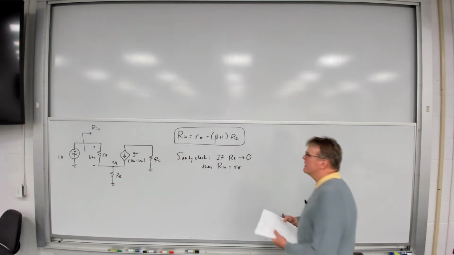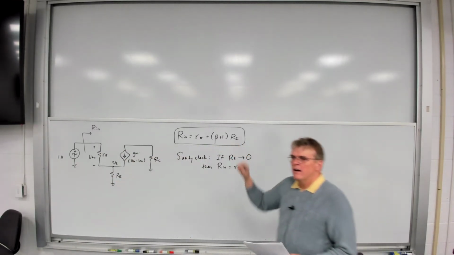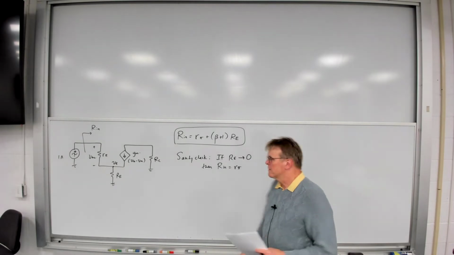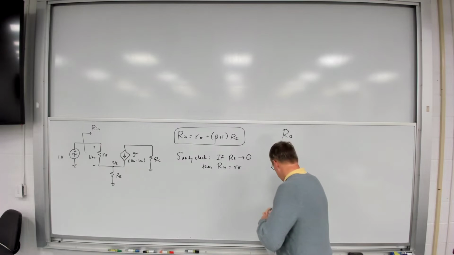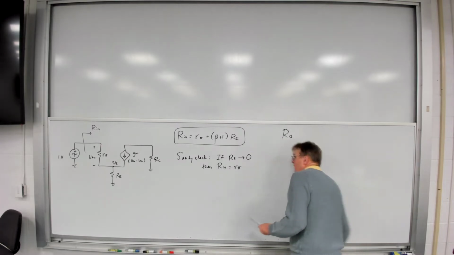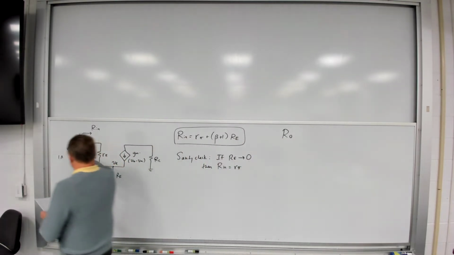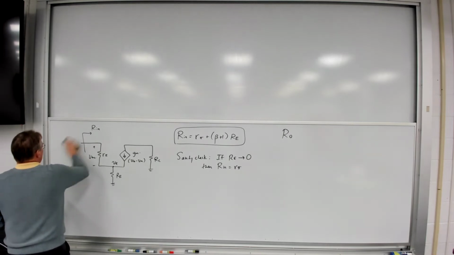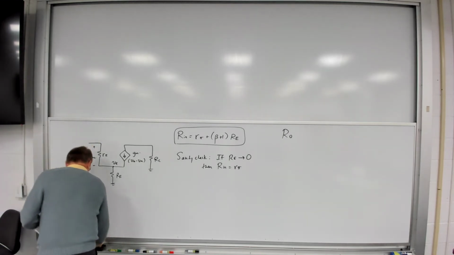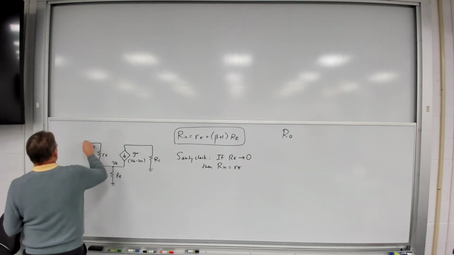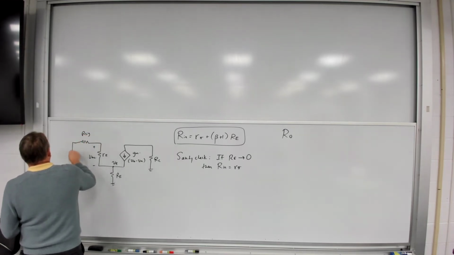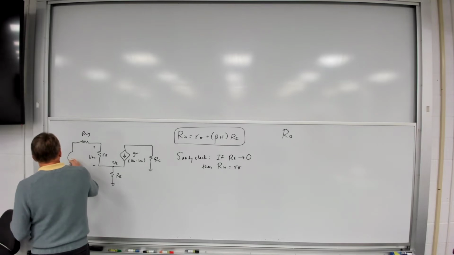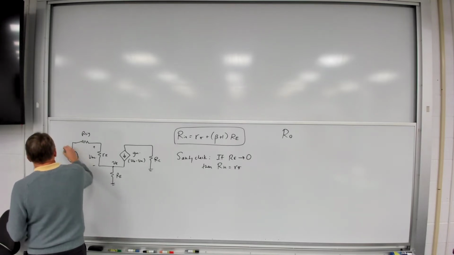Now, what about the output resistance of the amplifier with the emitter resistor? So now we're going to do Ro. Well, if we're going to do Ro, in this case, I'm going to put back the signal resistance, R_sig, but I'm going to zero out V_sig.